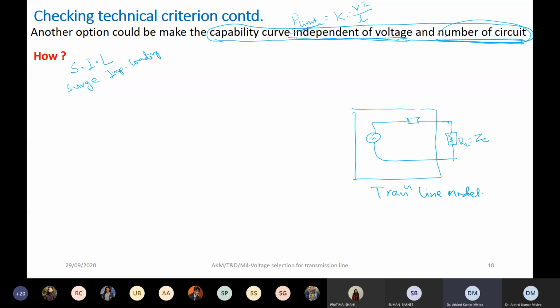For example, if you have studied the Ferranti effect in power systems, then this is the loading. We will discuss it a little more when we select the conductor. The Ferranti effect says that if the line is lightly loaded, the receiving end voltage may be greater than the sending end voltage.